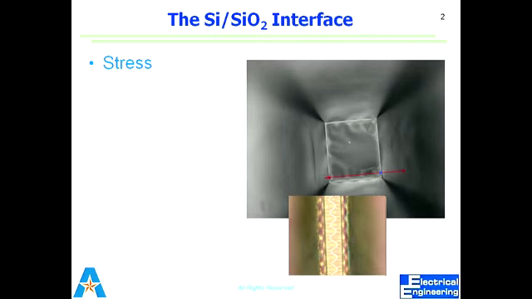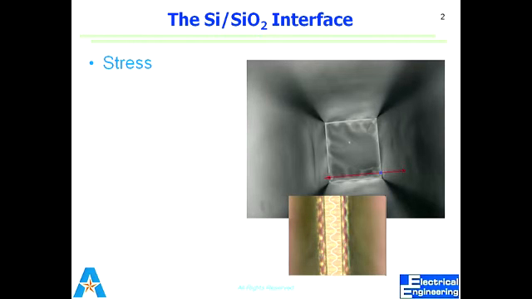There are two types of stresses. One we call the residual stress. In the oxide layer, the residual stress is due to the difference in the thermal coefficient of expansion. We grow oxide at a very high temperature, maybe 1000 or 1100 or even more.